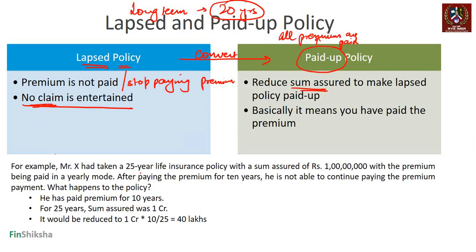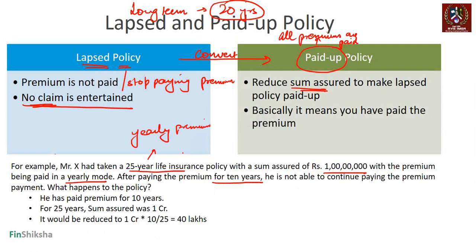Let's take an example. Mr. X had taken a 25-year life insurance policy with a sum insured of 1 crore, with premium to be paid in yearly mode. Right now, after paying the premium for 10 years, he's not able to continue paying the premiums. So 25 years, yearly premium payment.